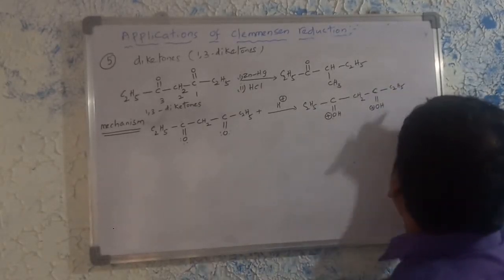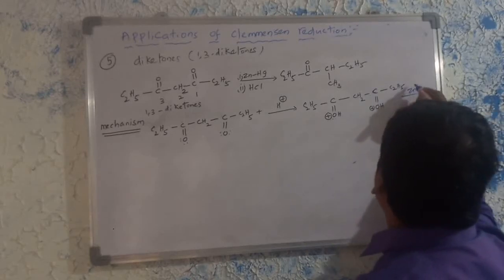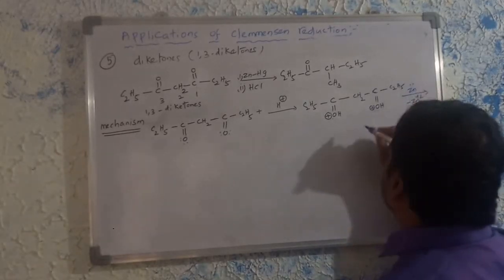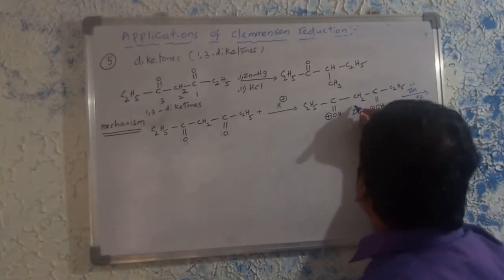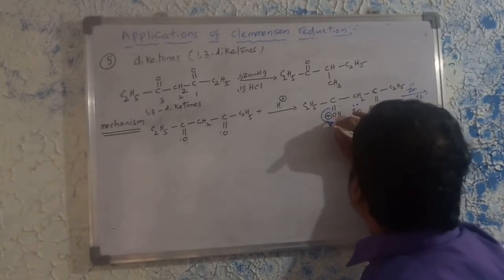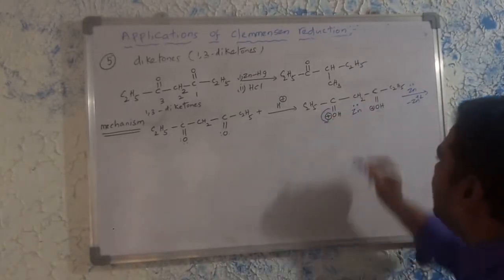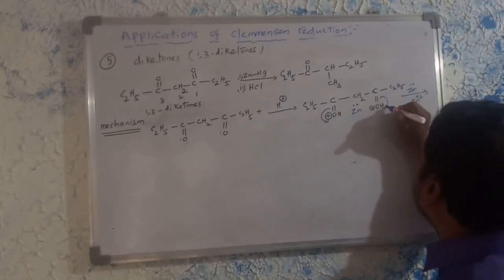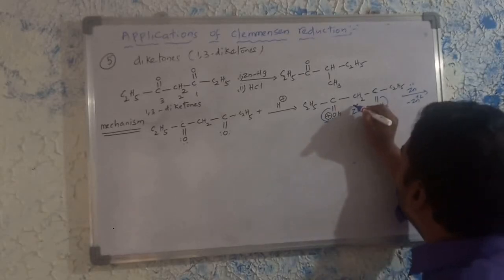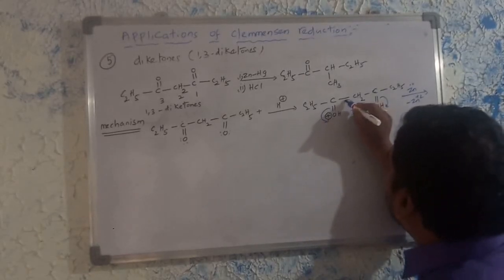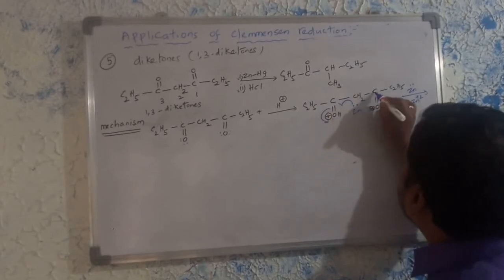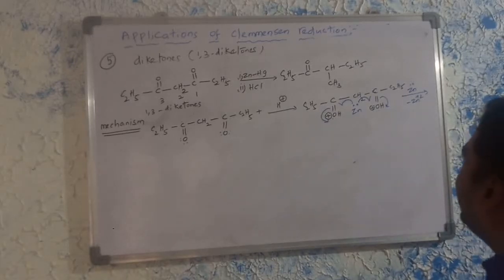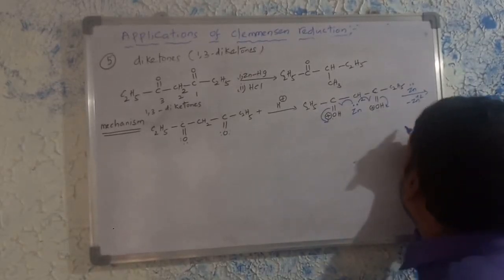It donates a pair of electrons to the H plus. Here it reacts with zinc undergoing an oxidation process. These two electrons convert it so the pi bond is shifted to oxygen. Here also the same. These two electrons shift to these two electron-deficient carbon atoms, undergoing a radical type of mechanism to form the product.